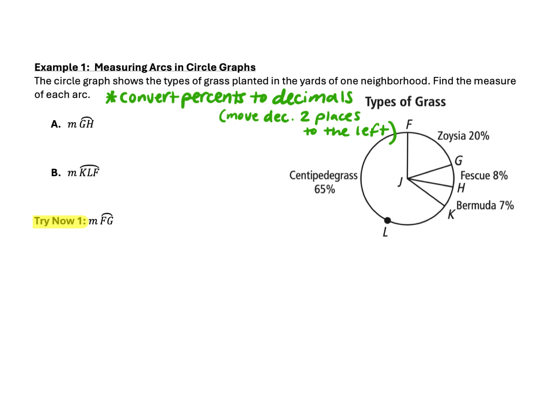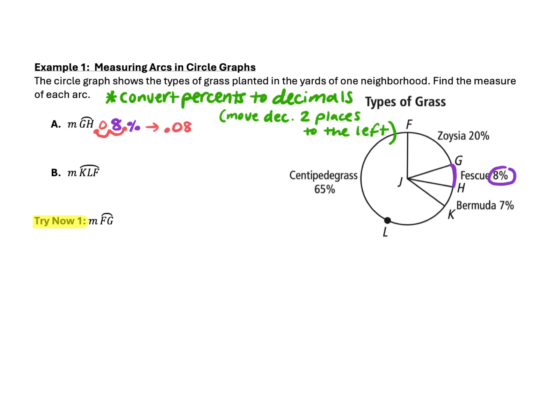So as an example, if we want to find the measure of arc GH, which is this arc right here, notice that that arc is associated with the portion of the circle that's 8% of the circle. So I'm going to begin by switching 8% to a decimal. We need to move the decimal place, which is right after the 8, 2 places to the left, and then fill that in with 0. So 8% is 0.08.